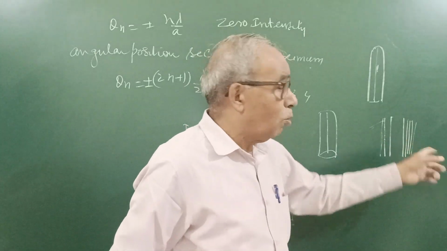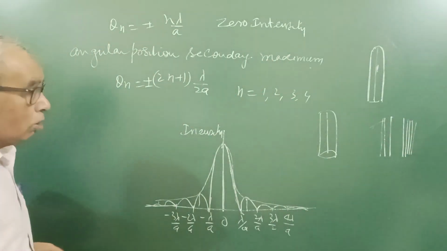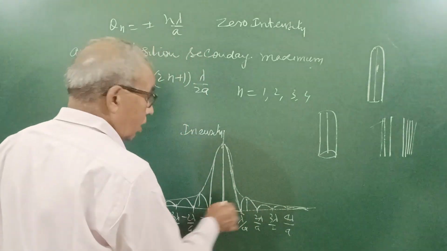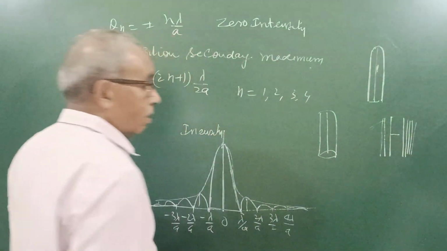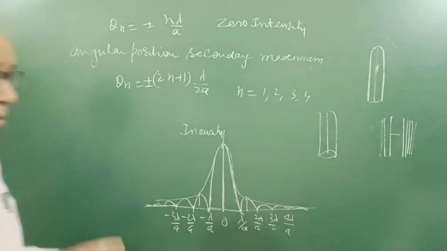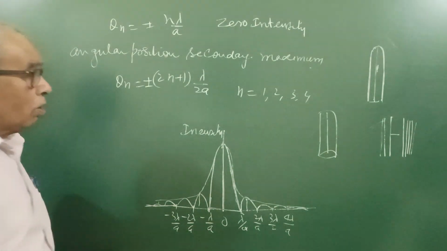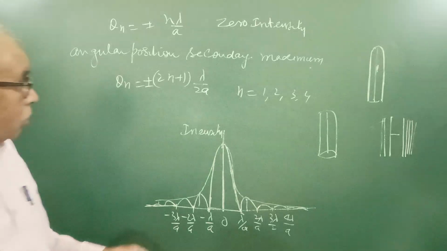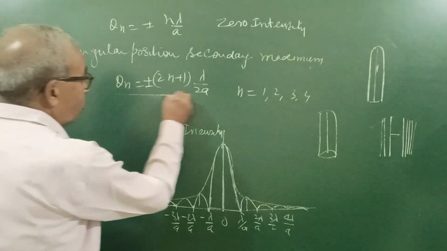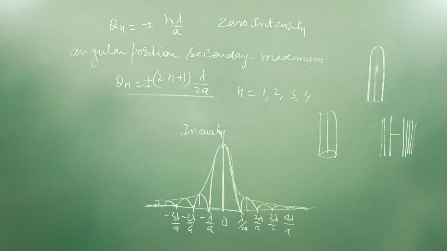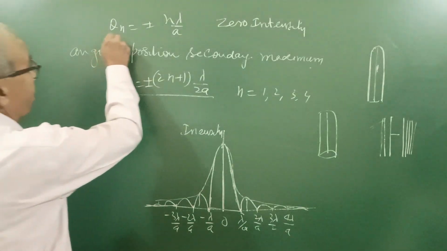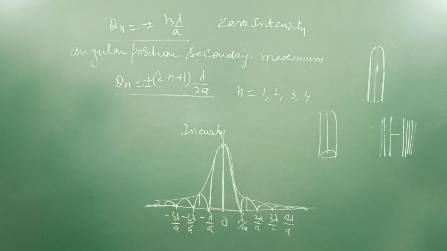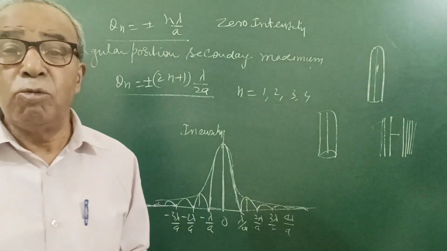The width keeps on decreasing. The angular position of secondary maxima is given by this, and minimum intensity is given by this. Many questions you will get as numericals. Actually, in the board exam we get numericals on this.